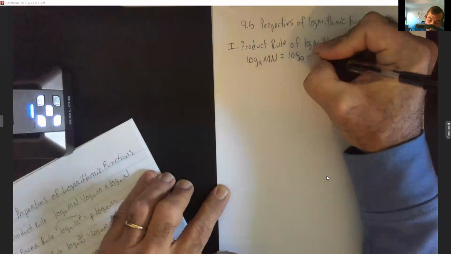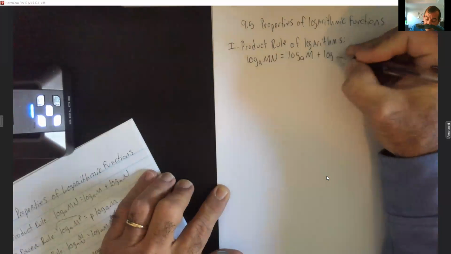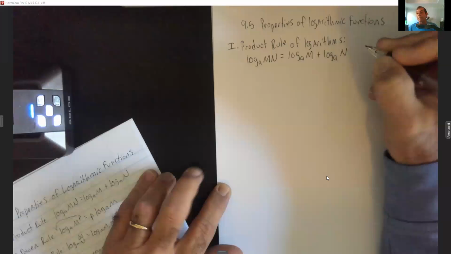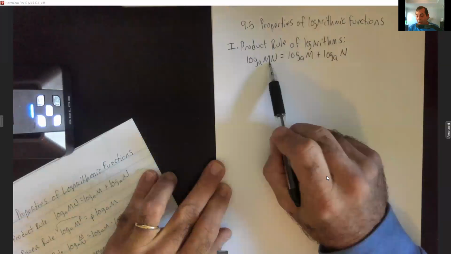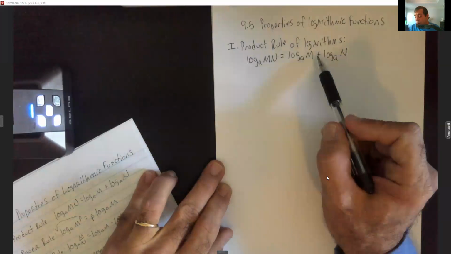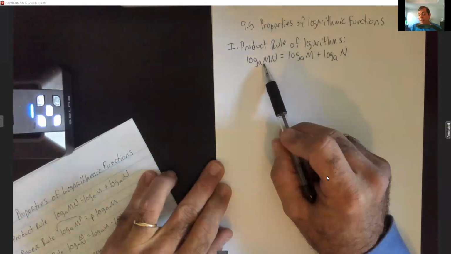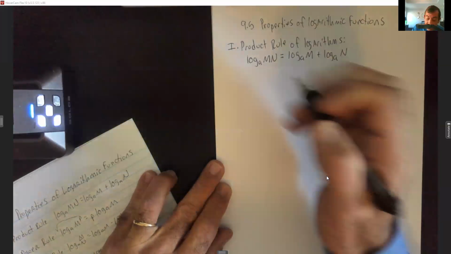So I could do log base A of M plus log base A of N. So a product can be rewritten as a sum of logs. Also, a sum of logs can be written as a single log if I needed. So these will go both ways.